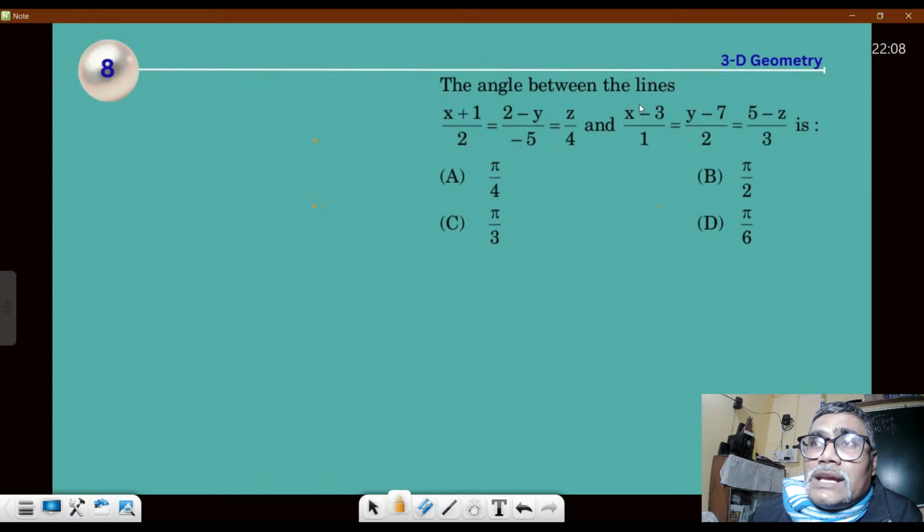The angle between two lines, this is again cos theta. You have to identify what is A, B, C, and A dash, B dash, and C dash. So here you can directly do it. A is 2, and A dash is 1, right? Then B, see, it is reversed. So you swap it, then it will be 5. Then B dash is 2. Then C is 4, and C dash is minus 3.